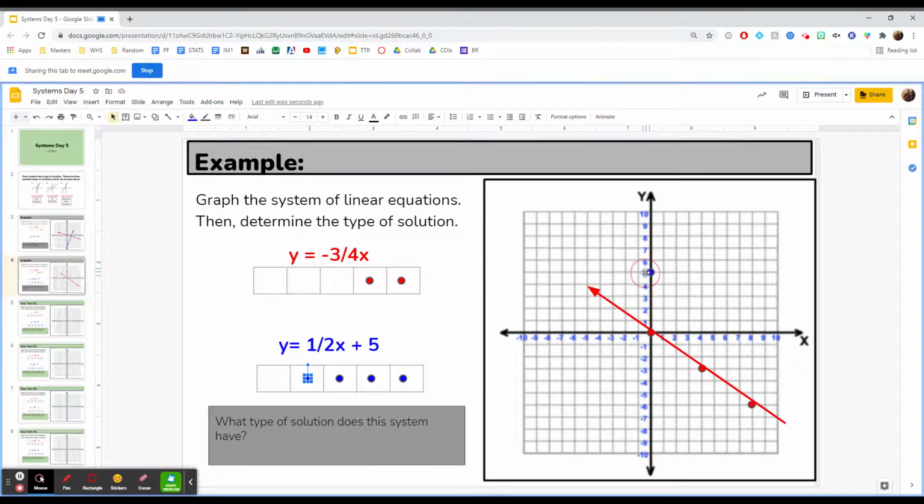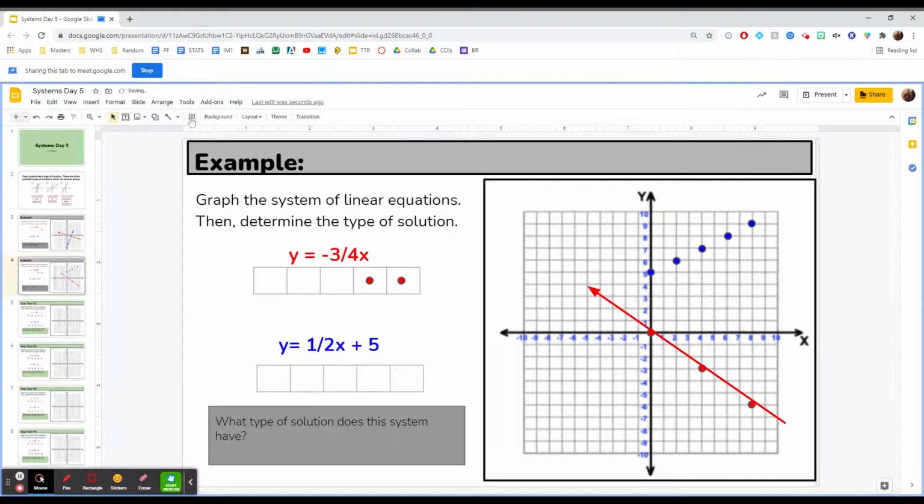Wait, what am I doing? It's up 1 over 2. I'm gonna do one more time. Up 1 over 2. One more time, up 1 from this point, I'm gonna go up 1 over 2 to the right. Okay, so that's my graph. I can do it one more time, up 1 over 2 to the right.